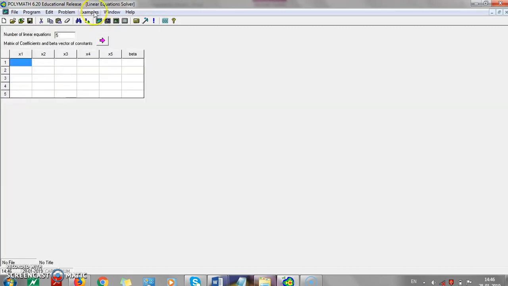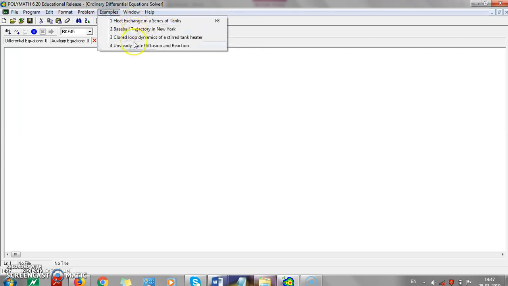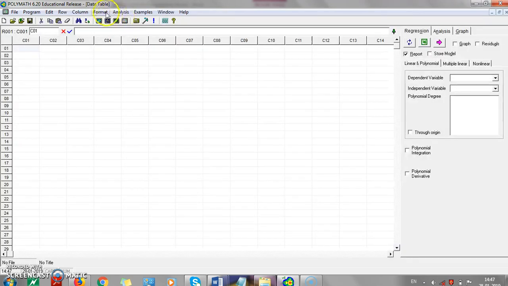If you go to examples, you get linear equations. Same way, if you go to ordinary differential equations, you will get examples related to ordinary differential equations. And for regression, there also you have examples. So we can use these inbuilt examples to understand this in a better way.